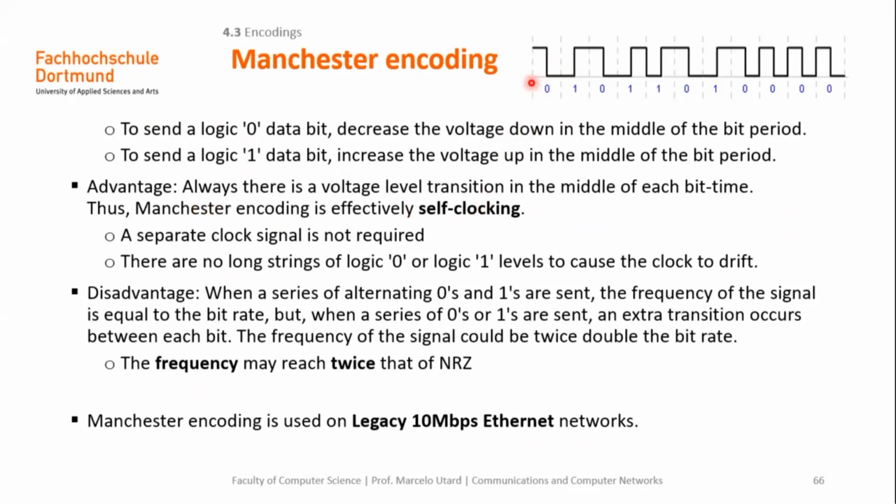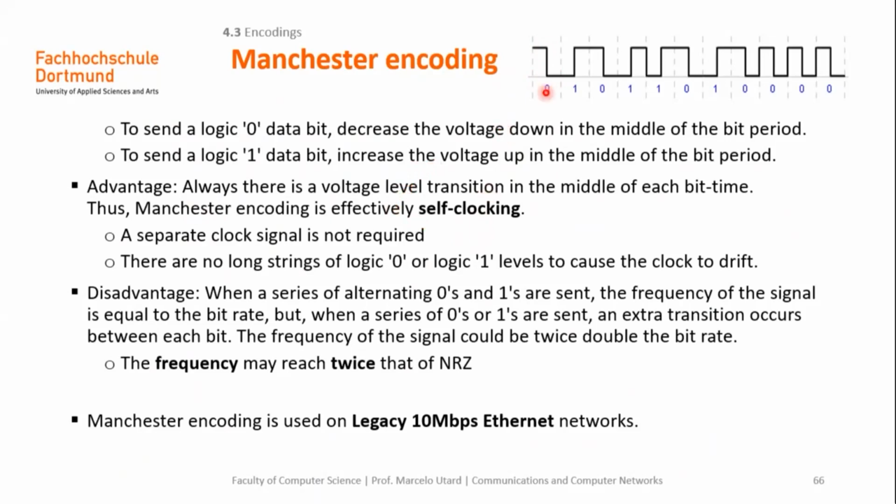Remember, this is the bit time. And in the middle of the bit time, we transmit a transition, a voltage level transition. Thus, Manchester encoding is effectively self-clocking.